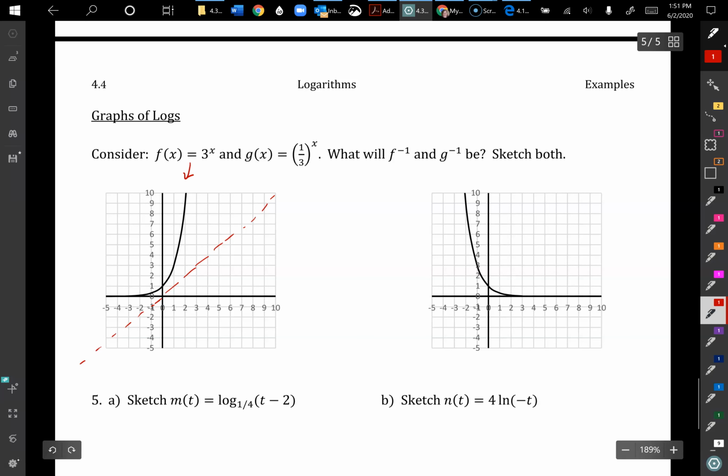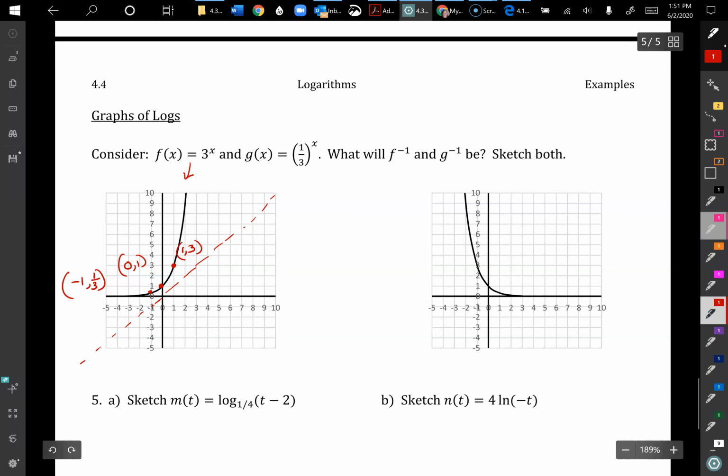And if you recall, we always have the points: we have negative 1, and then we'll have 1 over our base, so we'll have 1/3 as a point. And we'll always have 0, 1. And then we'll always have 1 and whatever the base is.